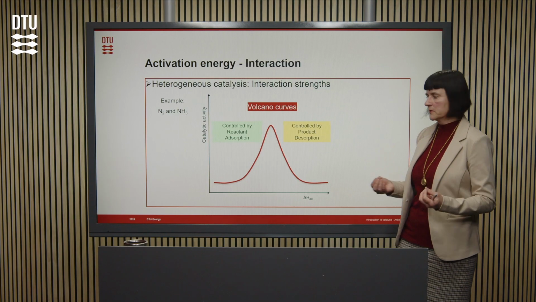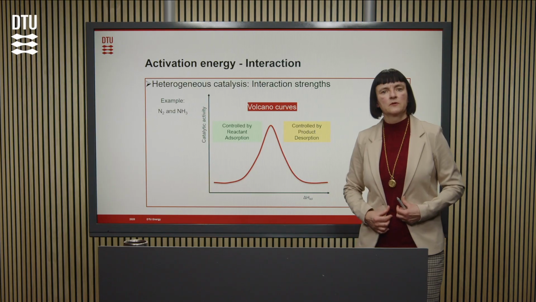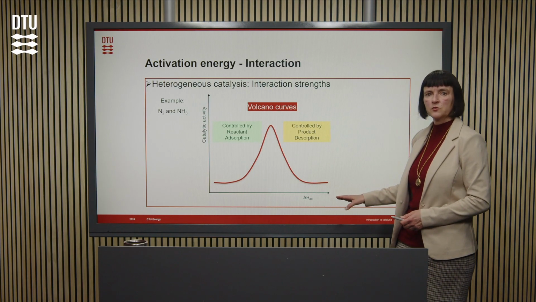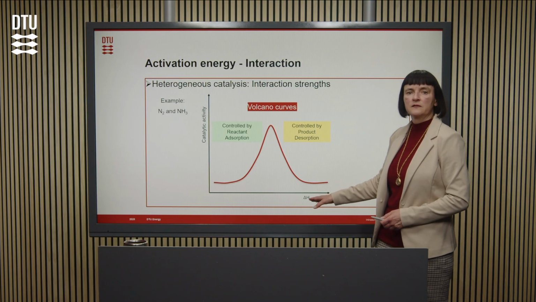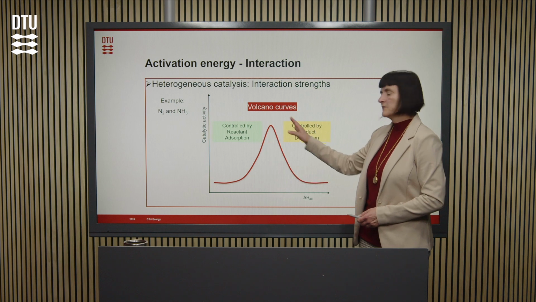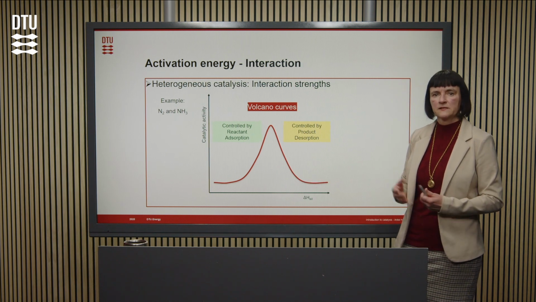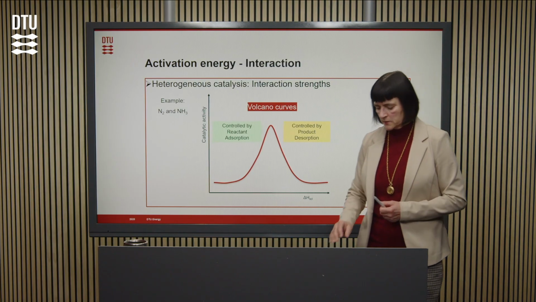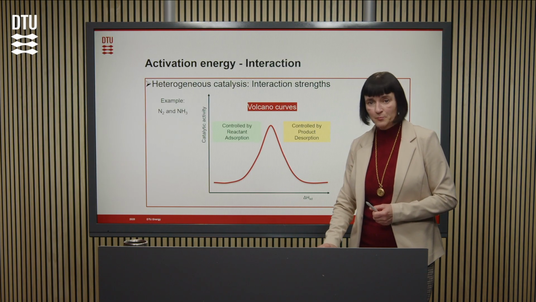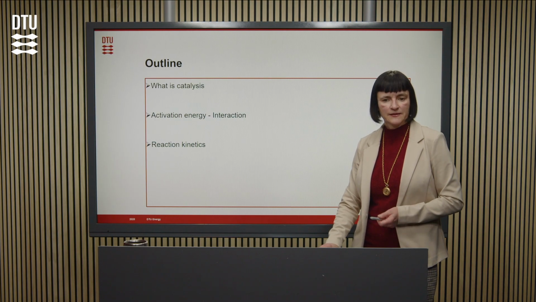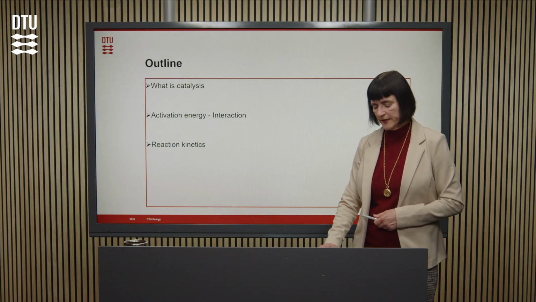So this is a concept, the volcano curves, that characterize, if you plot it versus different parameters, could be adsorption enthalpy or other ones, electronegativity and so forth, then you can find the best suitable catalyst for that specific reaction. So interactions are quite important, and that brings me to the final part of this introduction, the kinetics. So how fast is the reaction actually going on?